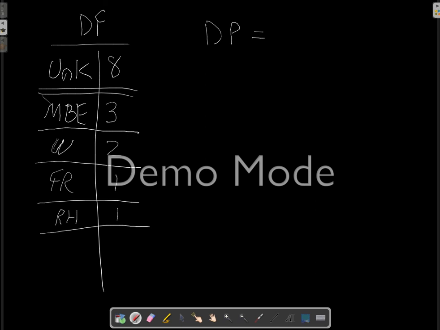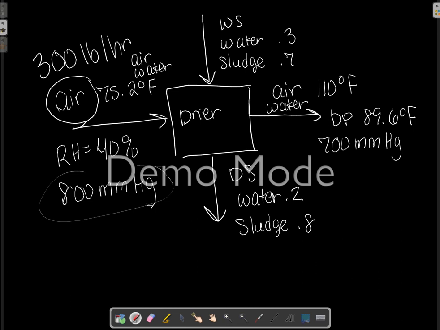Your dew point is your temperature, in this case given as 89.6 degrees Fahrenheit, at which your steam will start to condense, or at which your liquid will start to evaporate. It's on your vapor-liquid equilibrium line, the dew point.